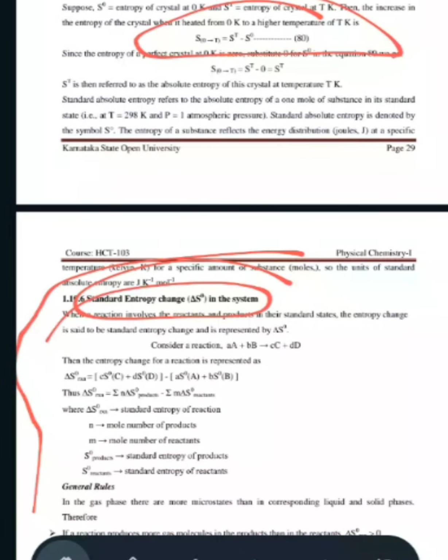So delta S naught of a reaction is equal to c S naught of C plus d S naught of D minus a S naught of A plus b S naught of B. S naught is the standard entropy. n and m are the mole numbers of products and reactants.